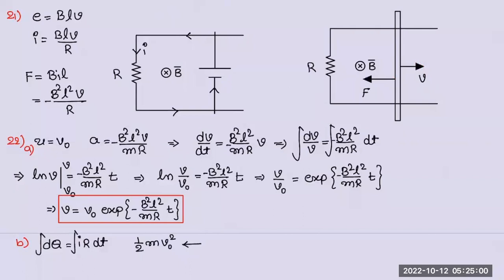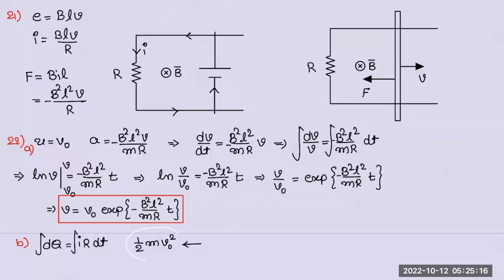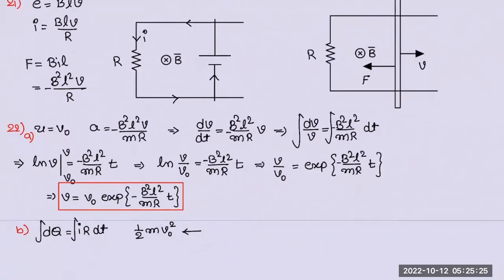So total heat liberated will be half m v naught square. Directly you can say the answer, you don't need to solve. Okay, half m v naught square, that's it.